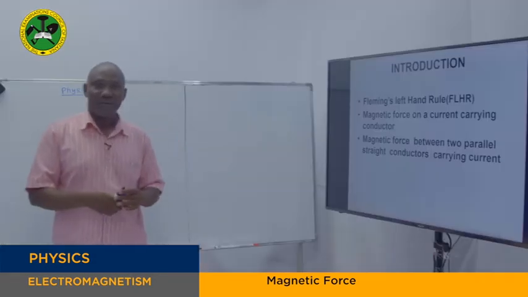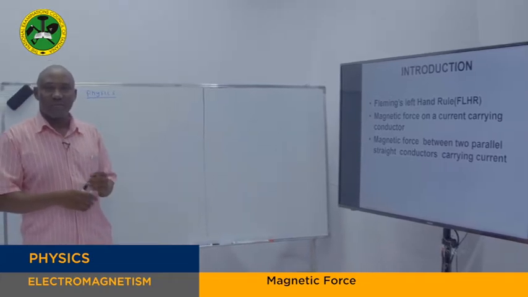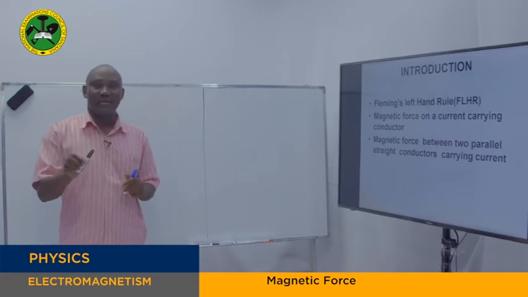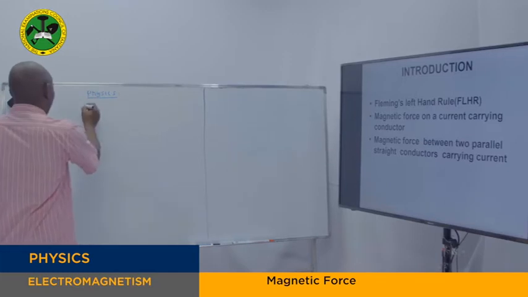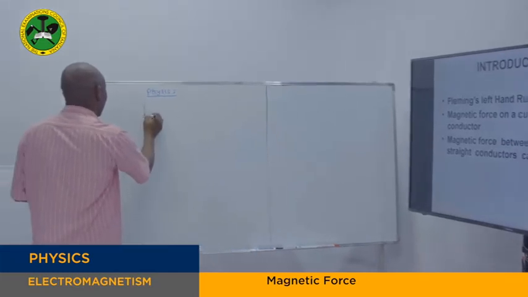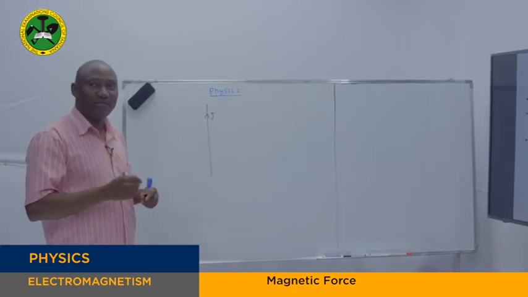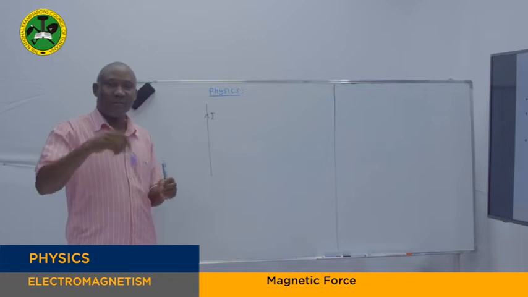But if you remember, last time when we had the first part of electromagnetism, we talked about the current carrying conductor behaving as a magnet. When you have a wire that carries current out of the plane, we say that there are magnetic lines of force moving around it.